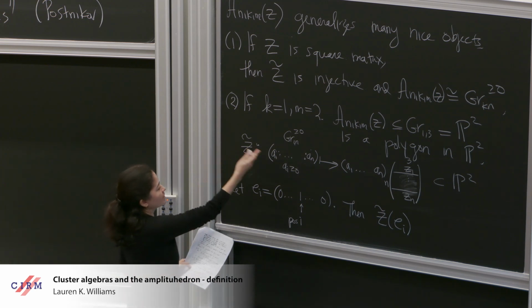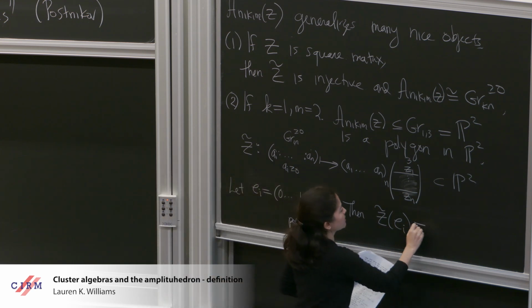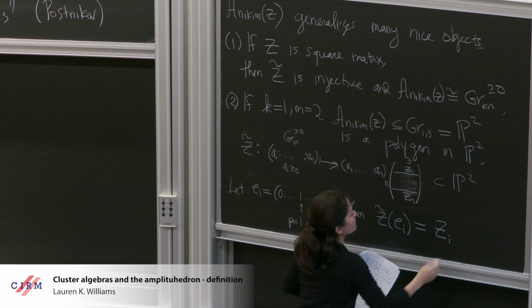So now if I apply Z tilde to this 0, 1 vector e_i, then Z tilde of e_i just gives me Z_i.